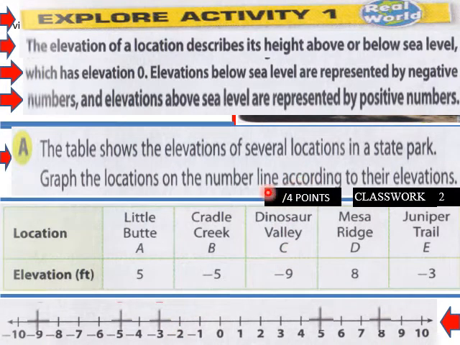And then plotting these elevations on a number line. We have C here, -9, and then B is -5. E would be Juniper Trail, -3. Then A would be +5. And then D would be +8.